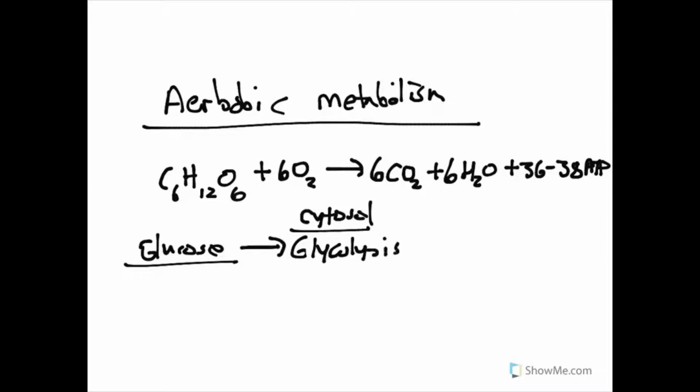Glycolysis can then go on to complete cellular respiration, to complete an aerobic metabolism. Now, by itself, glycolysis does not need oxygen. It is an anaerobic process. It's a standalone mechanism, so it does not need that.